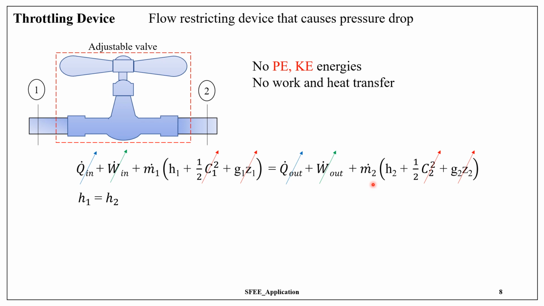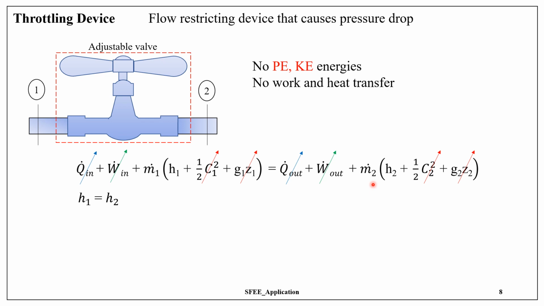Enthalpy H is equal to U plus PV. U is the internal energy, PV is the flow work. So it's a flow device. Some flow work is involved. Then how are we saying H1 is equal to H2? H1 equal to U1 plus P1 V1, H2 equal to U2 plus P2 V2.